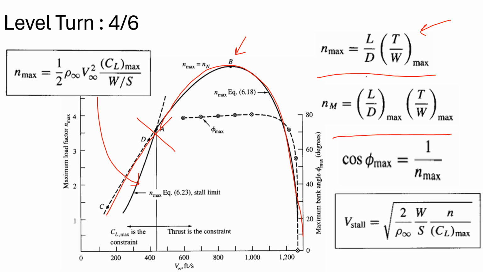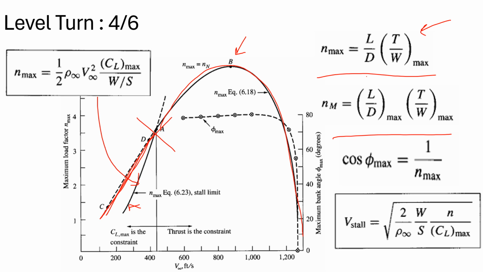If we put in CL max over different velocity settings, we will get the n max. All right. So the aircraft will stall. This line means the aircraft will stall. However, this line is possible over here. So if you're flying really, really slow and you want to pull up really fast, your aircraft will stall. That is the stall limit.